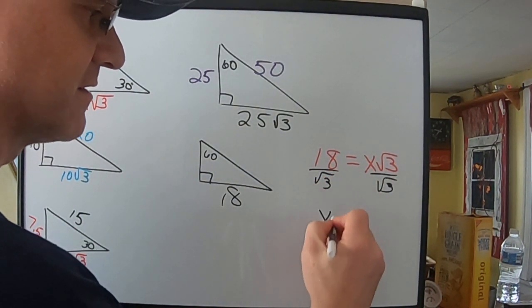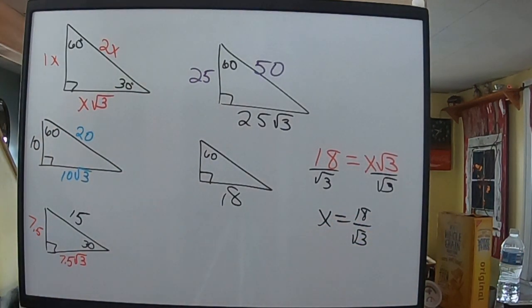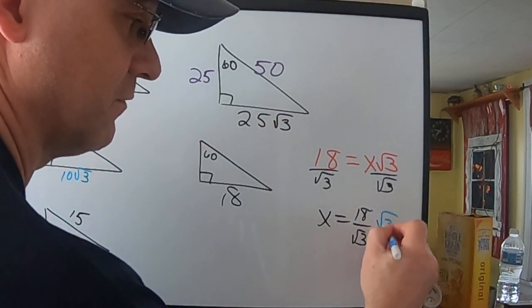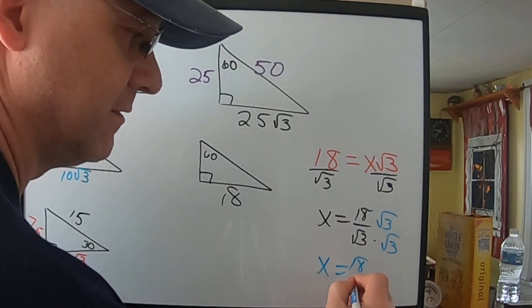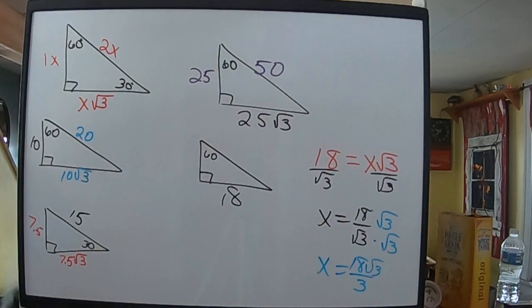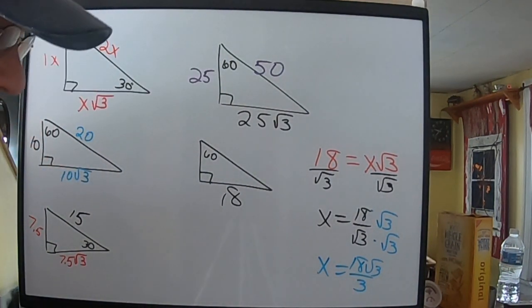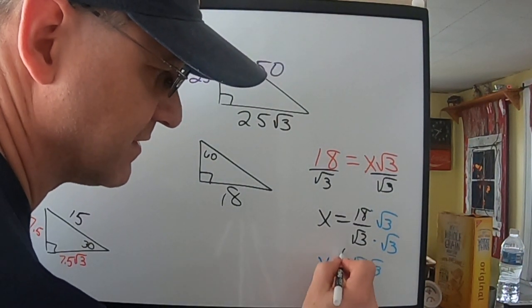So x is 18 over square root of 3. Remember, we're going to rationalize, so I'm going to multiply top and bottom by square root of 3. That gives me 18 square root of 3 over the number 3. Well, 18 and 3 can reduce. The 3 and the 18 reduce to 1 and 6.